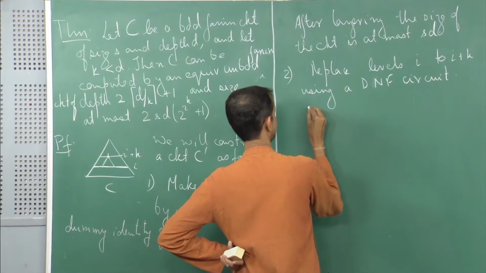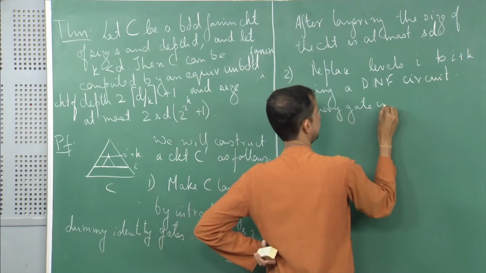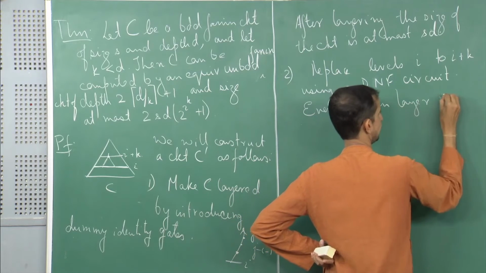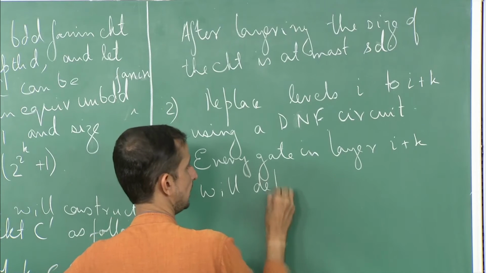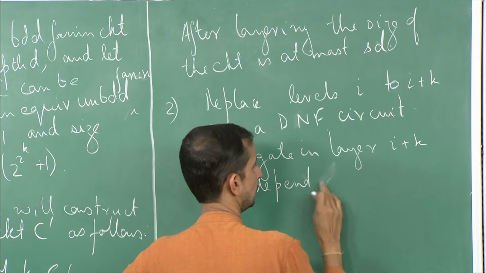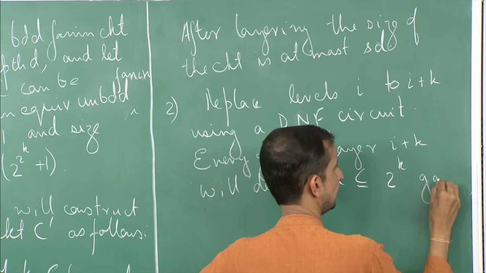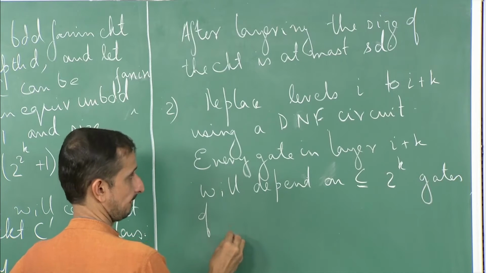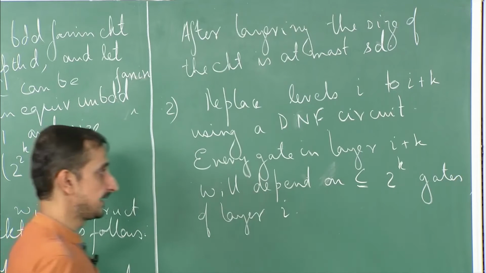So, every gate in layer I plus k will depend on at most 2 to the power k gates of layer I. Okay.